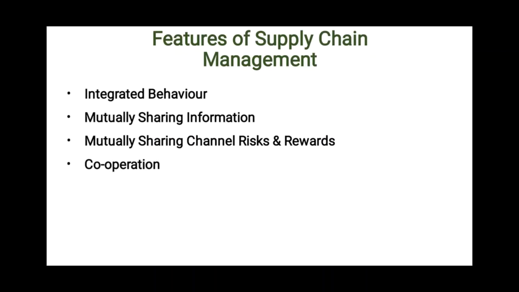Next is cooperation. Cooperation is also very important because according to Cooper and Ellram, cooperation is not limited to the needs of the current transaction and happens at several management levels involving cross-functional coordination across the channel members.